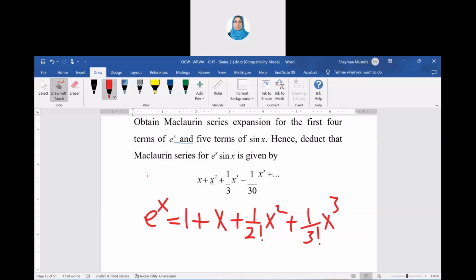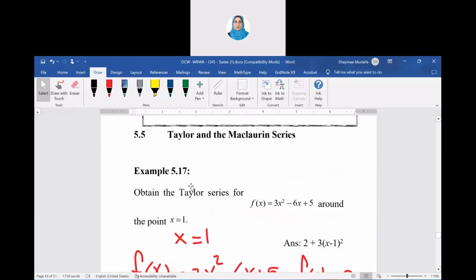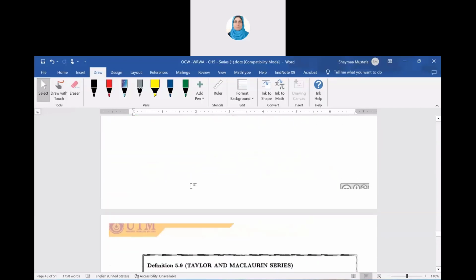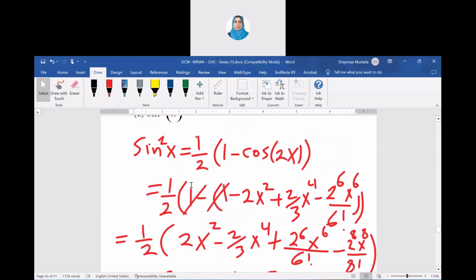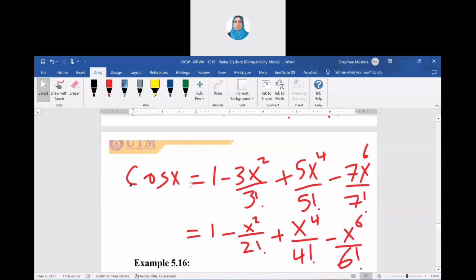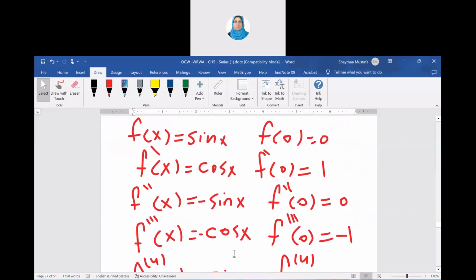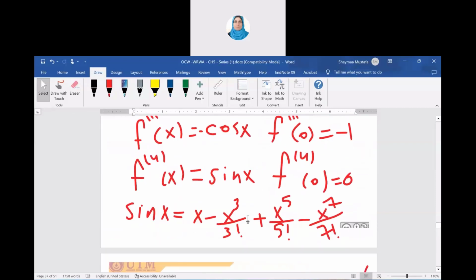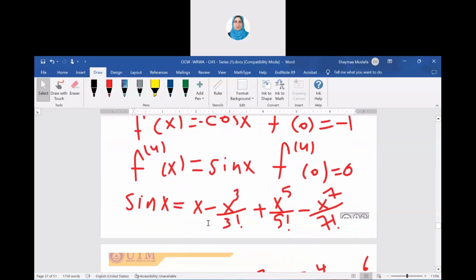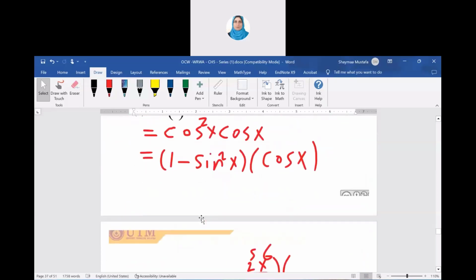Now, the Maclaurin series of sine x, we also calculated it here. This is how we calculate the Maclaurin series of sine x. So I will write it down here.